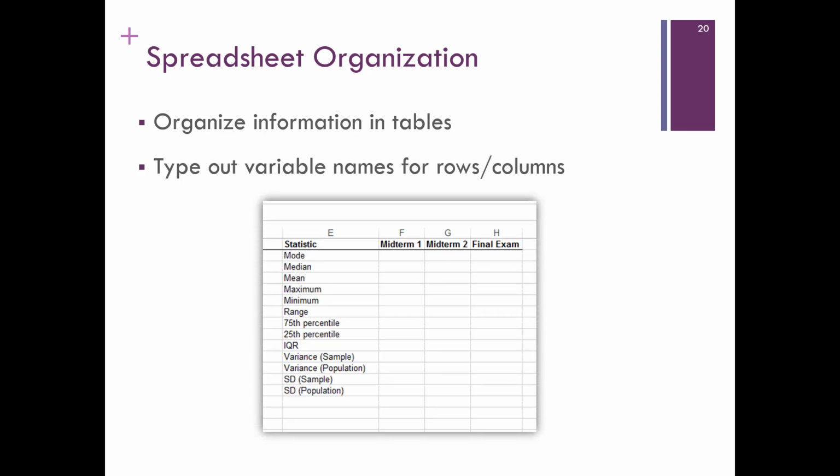And so here you have an example where I'd want to calculate a whole bunch of statistics, and that's what we're going to do today under column E. So I listed down all the things that I want, and then for columns F through H, I made space where I could write down the corresponding scores for midterm 1, 2, and final exam. And so the calculated data would go inside the table right here. And so this is very common to create your own little table within Excel to organize your data.